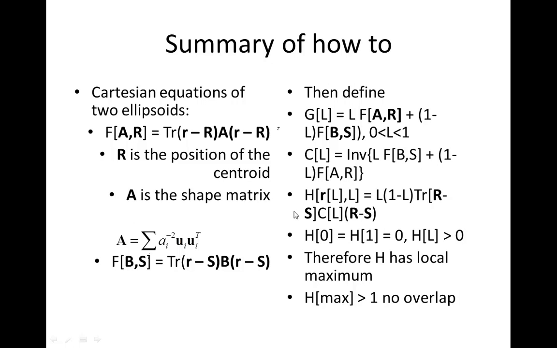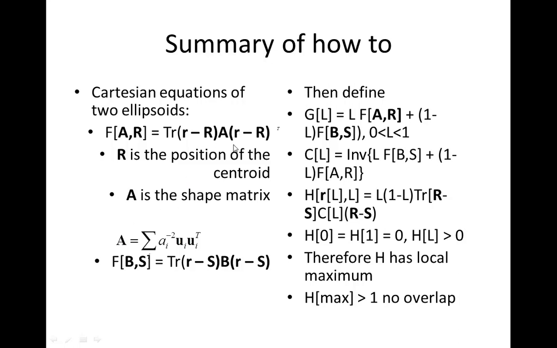Anyway, summary of how to. Just a little bit of mathematics, which I hope you won't be too frightened by. So we take the Cartesian equation of two ellipsoids, and we call that function f(A, r), which is the transpose of (x minus r), where big R is the center, and A is the shape matrix given by this, I'll come back to that, times (x minus r).